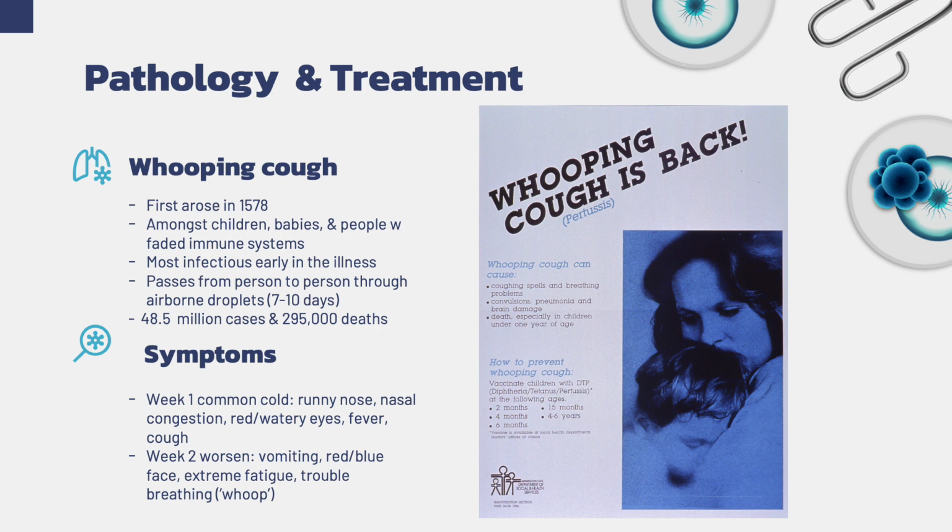It is a severe cough followed by a high-pitched breath that sounds like a whoop, which is where it gets its name. People are most infectious early in the illness. It spreads through person-to-person contact or airborne droplets, like through coughing or sneezing, and it develops within 7 to 10 days.